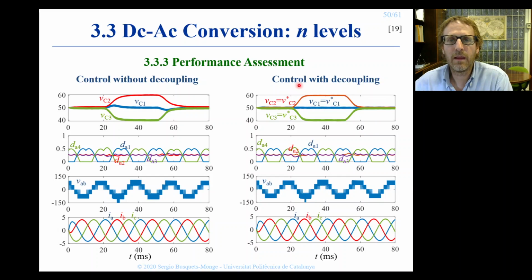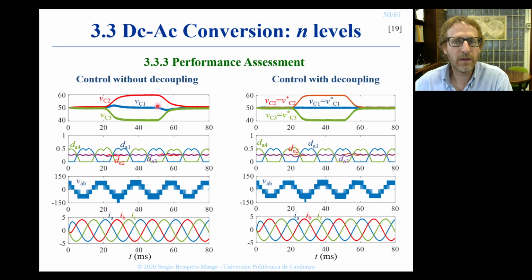As we can see with the control with decoupling, the voltages follow the references without problems. But if we use a control without the decoupling, what happens is that the capacitor C1 voltage changes, although the reference didn't change. This strange behavior is due to the coupling of the two control loops that we didn't take into account while implementing the closed loop control.